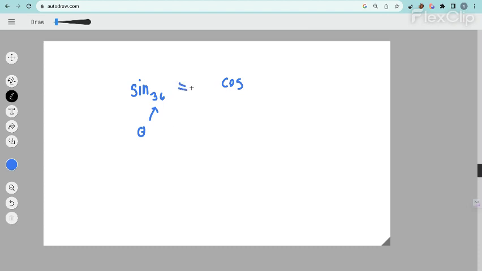This is equal to 90 minus 36, so that is 54, cosine 54. So this is that complementary angle structure. What this represents is a relationship between complementary angles.